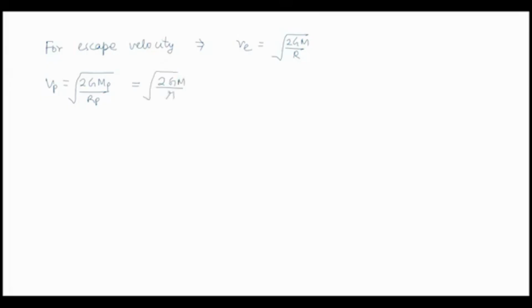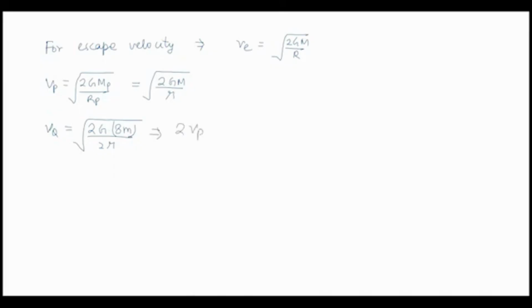Now the next one for Q, we write it as 2G mass of Q upon radius of Q, where mass of Q is equal to 8m and radius of Q is equal to 2r. So we obtain it as twice of Vp.